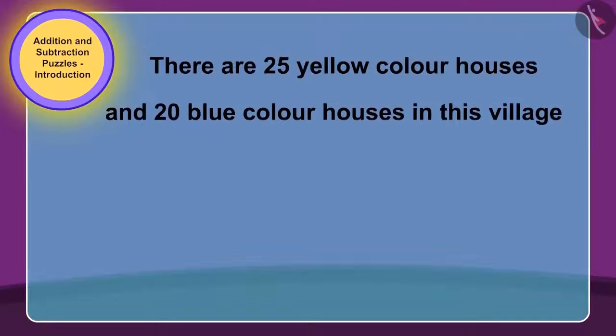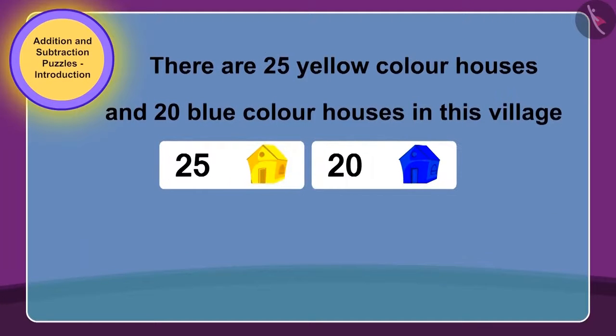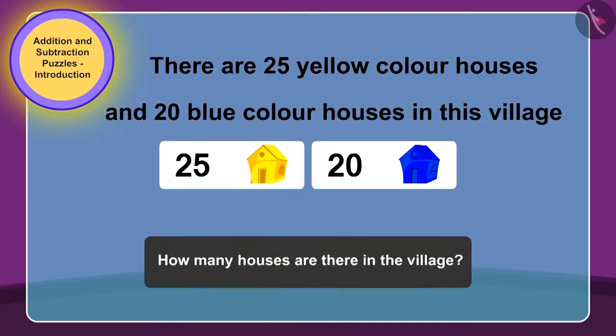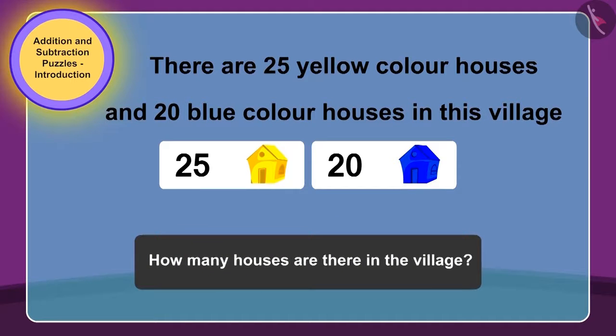Children, can you tell why this must have happened? Does this have any relation with the puzzle written on this house? Yes, children, you guessed it right. We have to find the total number of houses in the village in the puzzle written on the house.